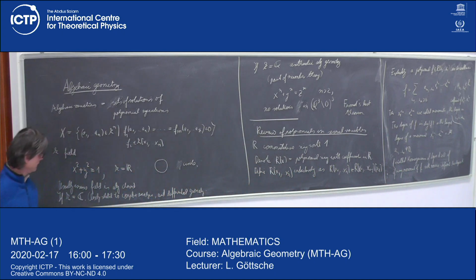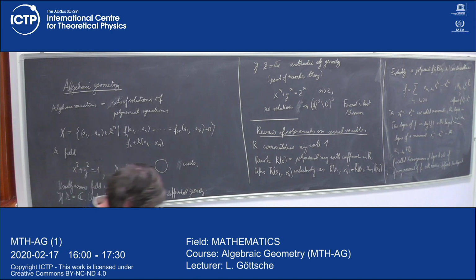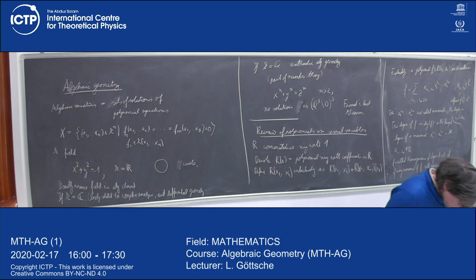For instance, if I bring this to the other side, this polynomial is not homogeneous, but its degree is 2. If I would remove this, this would be homogeneous of degree 2.